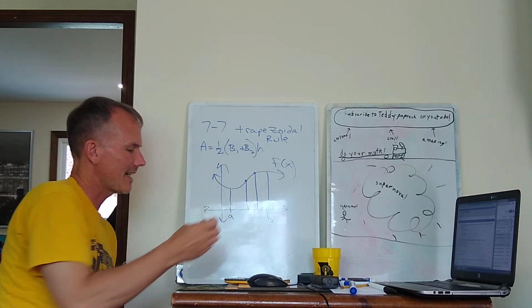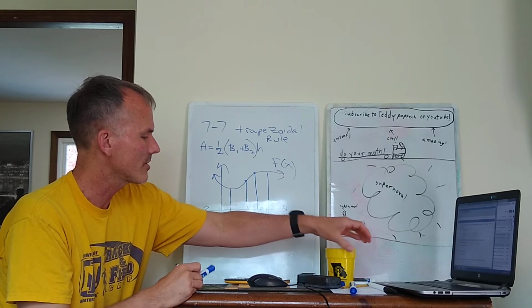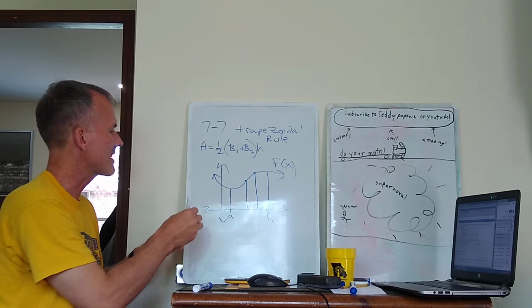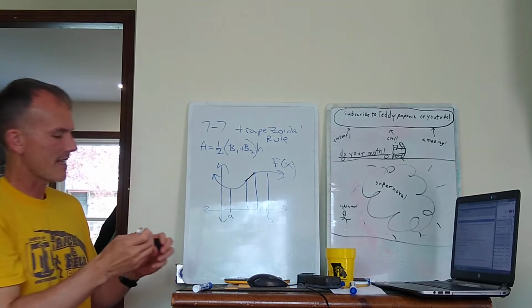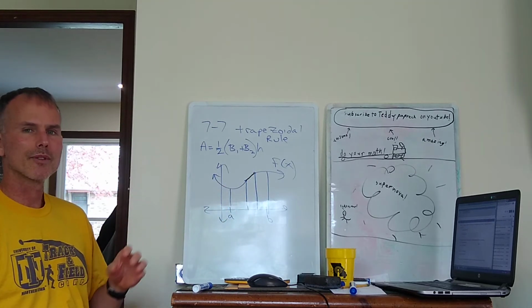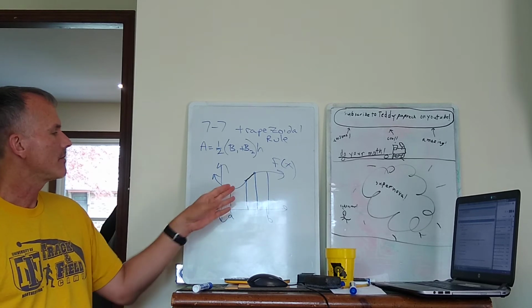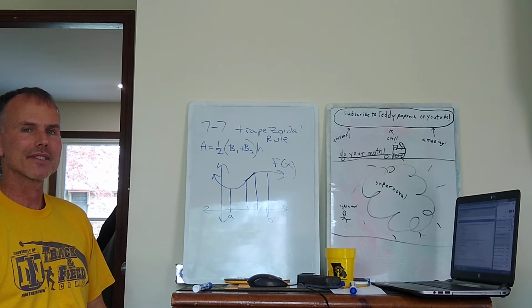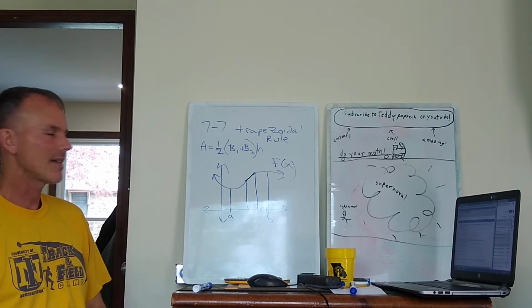I'll maybe use a different color here. I draw just a segment to connect those 2 points at the top, so I go straight from here to here. If you notice, that follows the curve pretty well. With the resolution of my pens, you can't really even tell the difference between the top of the trapezoid and the curve along that region.